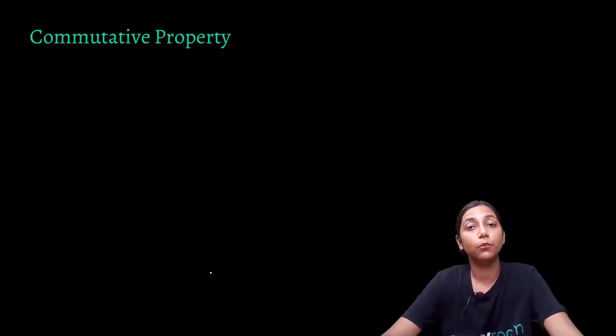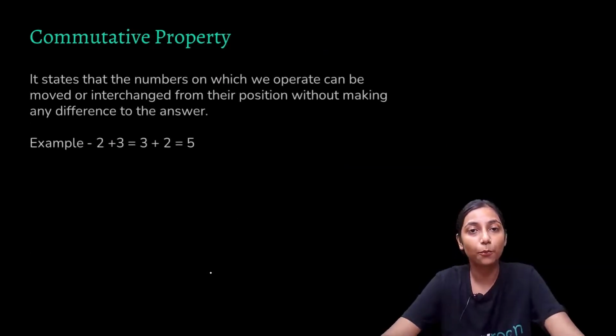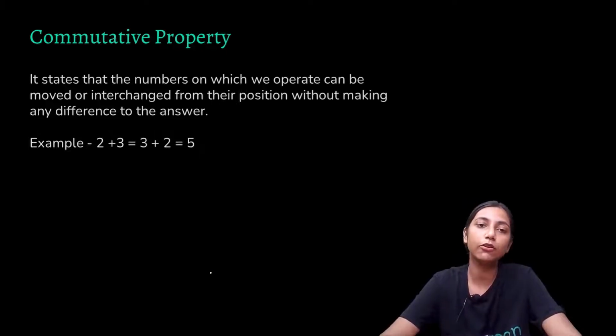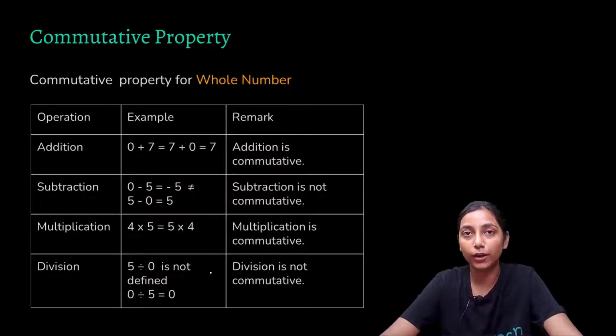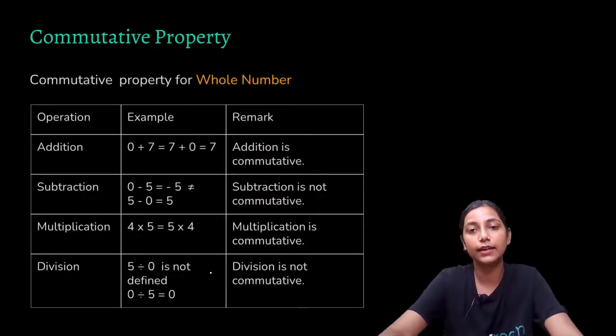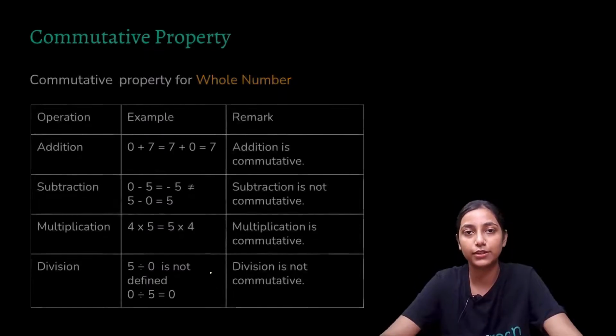Then we studied some more properties of rational numbers. Commutative property was a property in which the numbers can be moved or interchanged from their position and still we will get the same answer. We studied it for whole numbers and we concluded that addition is commutative, multiplication is commutative, but both subtraction and division are not commutative.